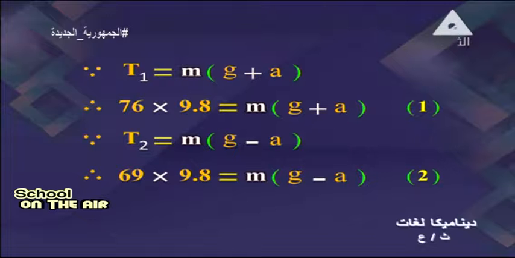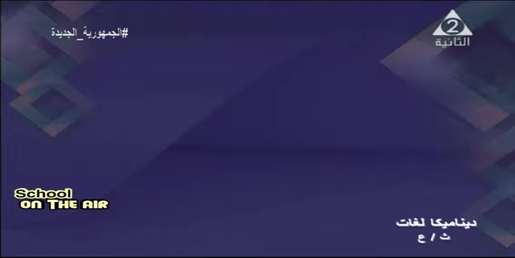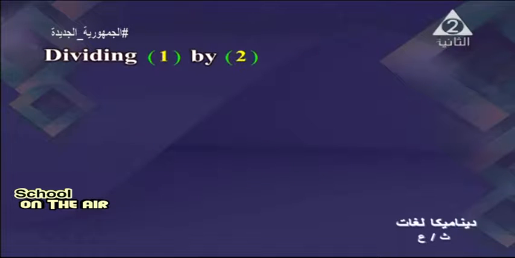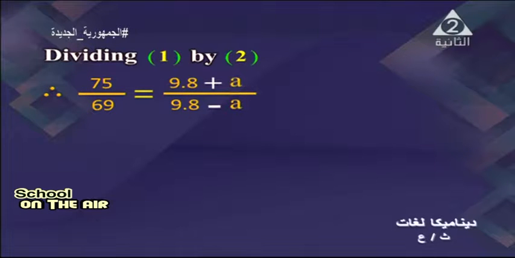By solving the two equations, we divide equation number 1 by equation number 2. Then 75 over 69 equals 9.8 plus A over 9.8 minus A. Cross multiplication.